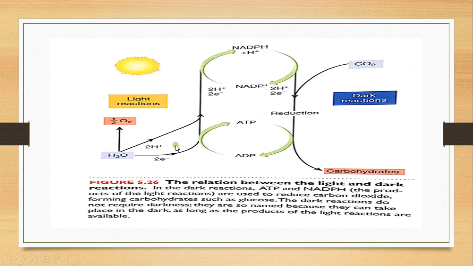The products, for example ATP and NADPH, which are produced by the light reaction, can be utilized by the dark reaction to reduce carbon dioxide, using NADPH and ATP, into carbohydrates. So the products of the light reactions are utilized by the dark reaction to reduce carbon dioxide into carbohydrates or glucose.